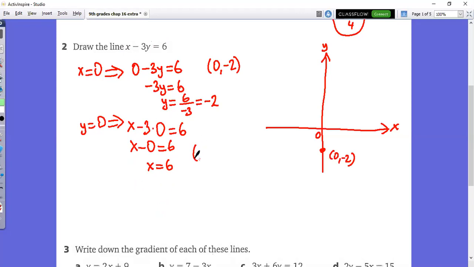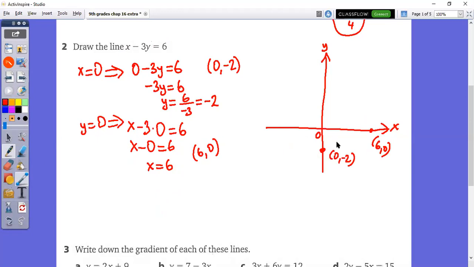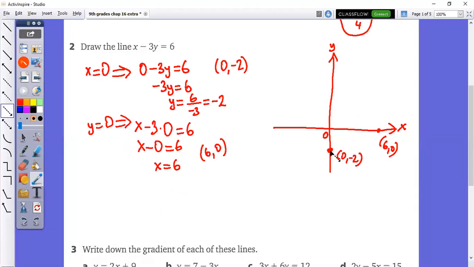So as a point, the x coordinate is 6 when the y coordinate is 0. That's the point where the line crosses the x-axis: (6, 0). So we draw a line passing through these 2 points.